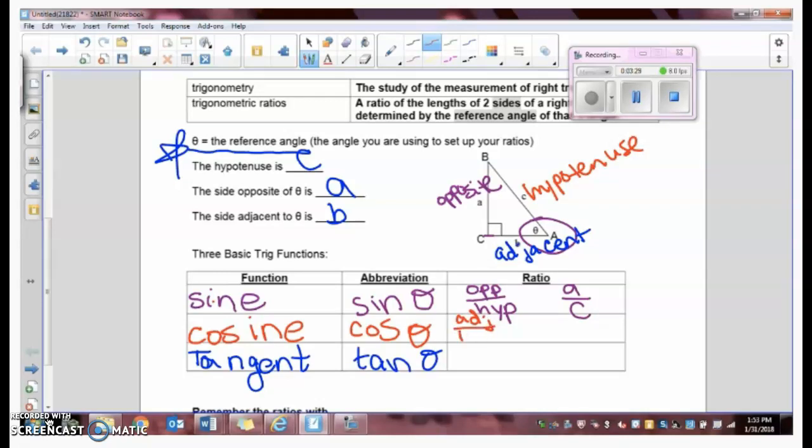Like last time with the similar triangles, you always used the side lengths as your ratios. With cosine, it's adjacent over hypotenuse. And tangent is opposite over adjacent, which in this case is a over b.